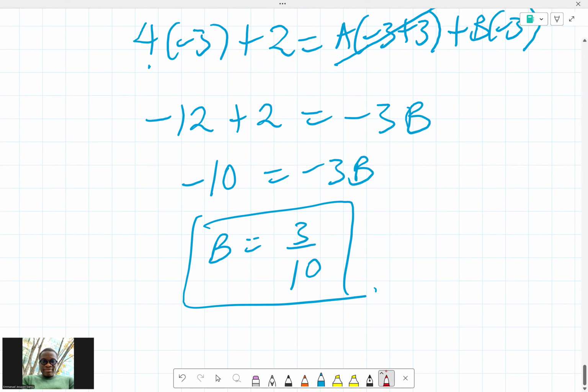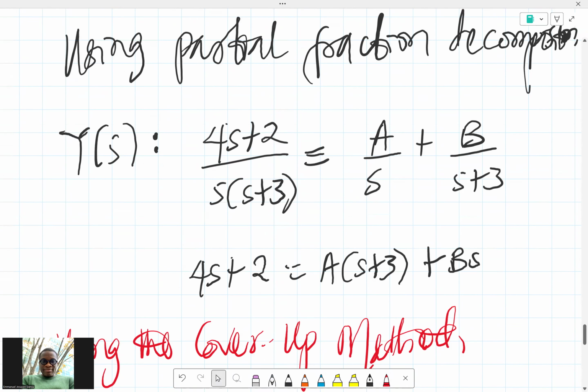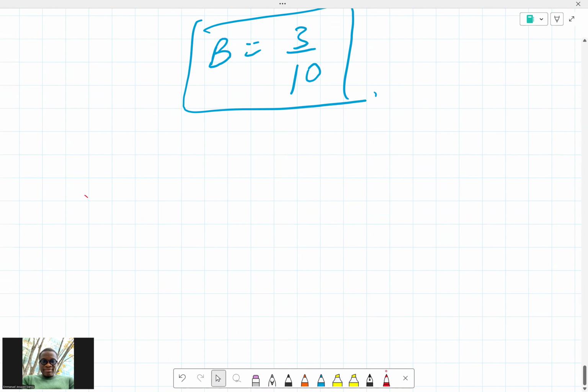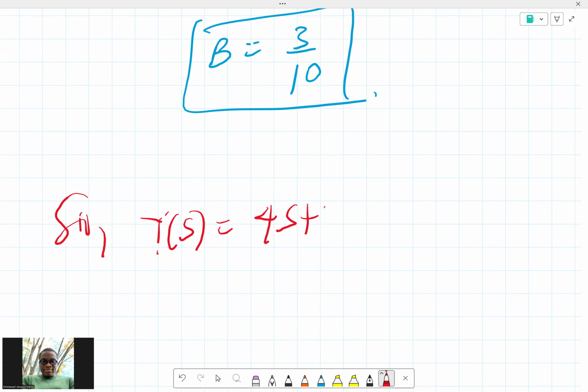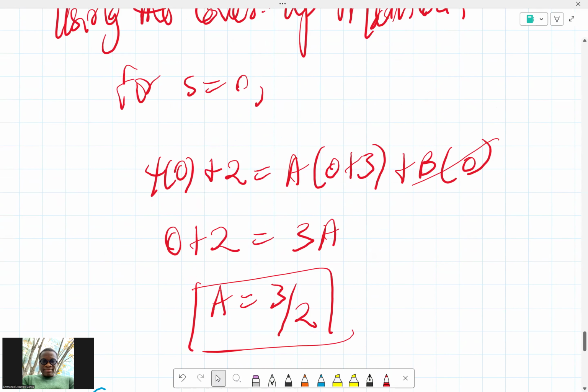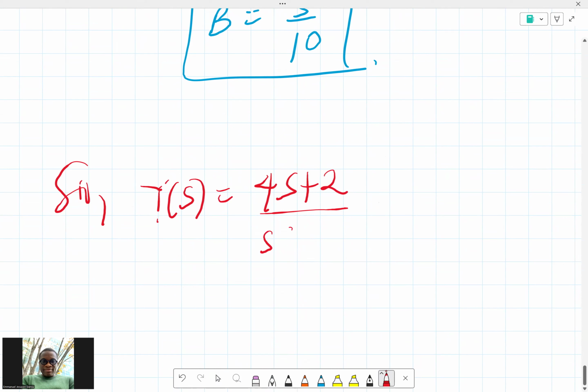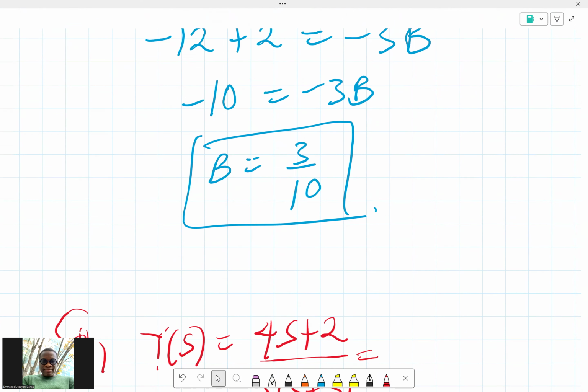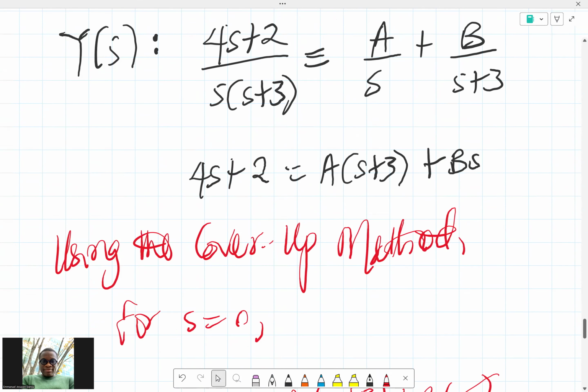Okay, so we can go back to the original expression. That was Y of s, right? So Y of s, which is 4s plus 2 all over s into s plus 3, is now the same thing as a over s plus b over s plus 3.